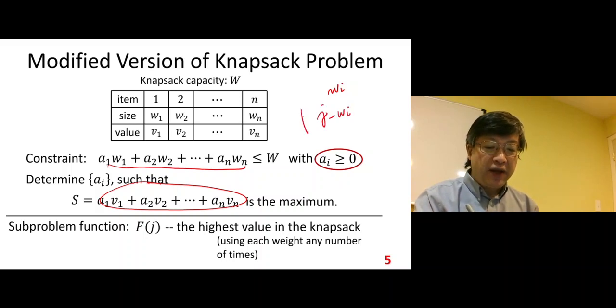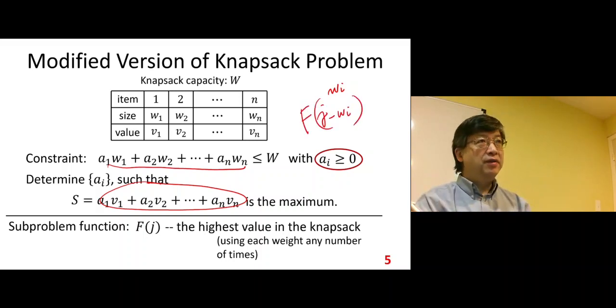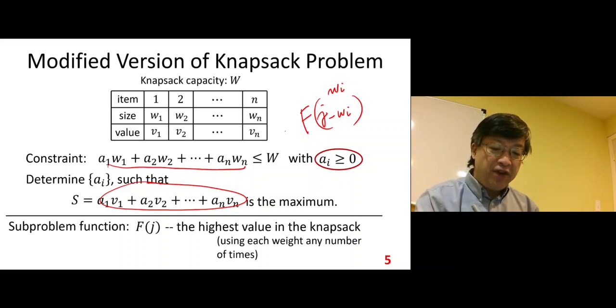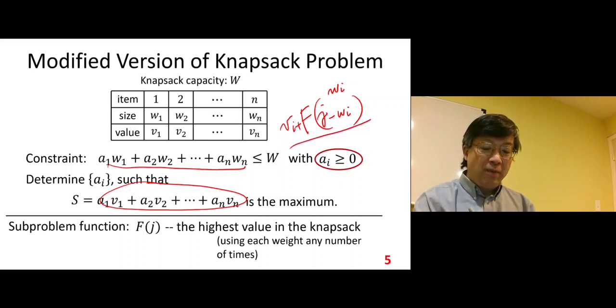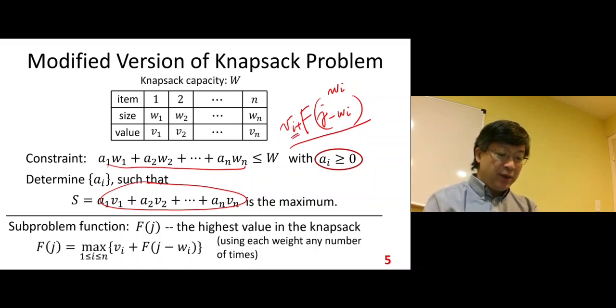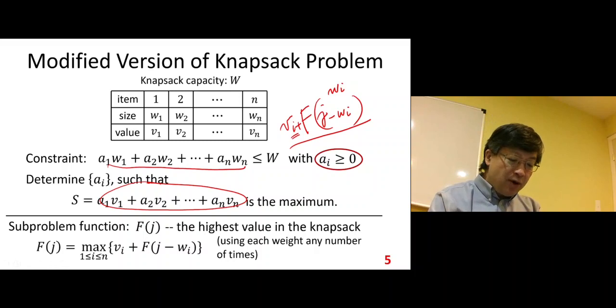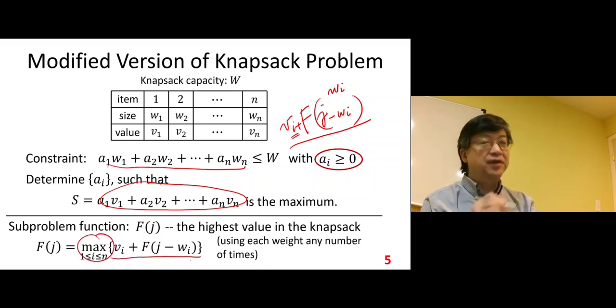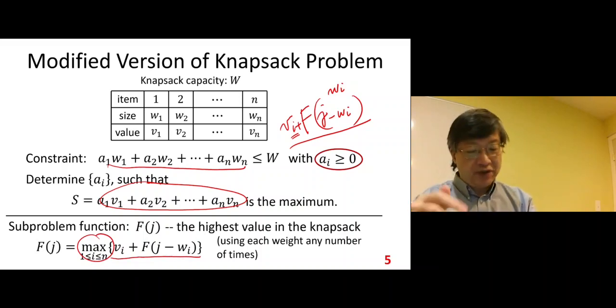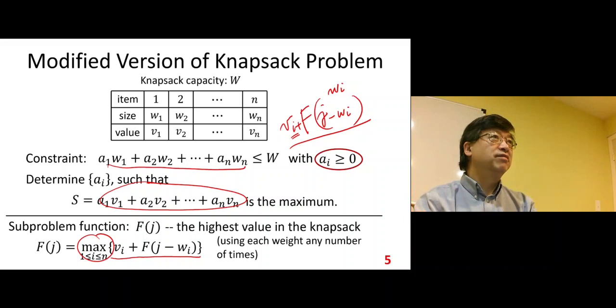Then you get the maximum value for that size, but you add a Vi back. You get this expression, but you consider all possible I. In that case, we can get a recurrence relation like that: the maximum value over all the possibilities. That's the recurrence relation after this modification.